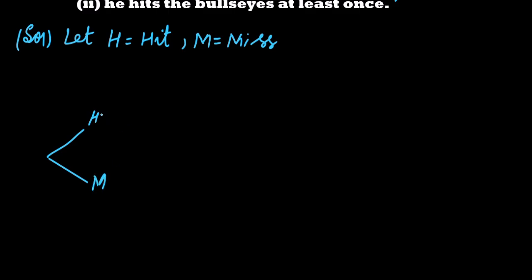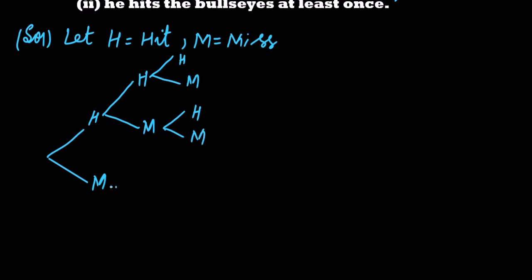Then, in either case, if he hits the target, then in the second throw he again has 2 possible outcomes. It could be hit or miss the target. Similarly, in the third throw, he again has 2 possible outcomes, hit and miss. Similarly here, he has 2 outcomes, hit or miss.